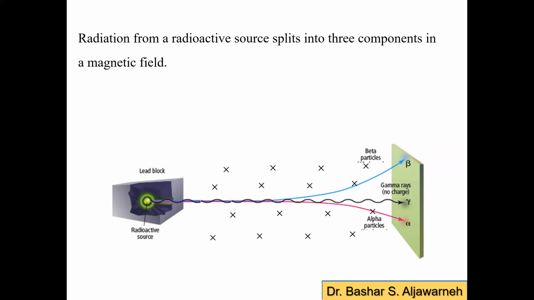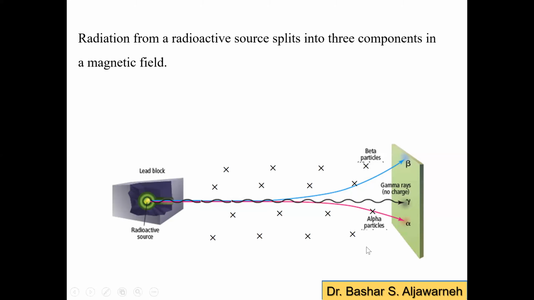But we do not care about this point in this chapter. All you need to know is that if the particle has a charge and is moving inside a magnetic field, it will experience a magnetic force and will deflect in a certain direction.